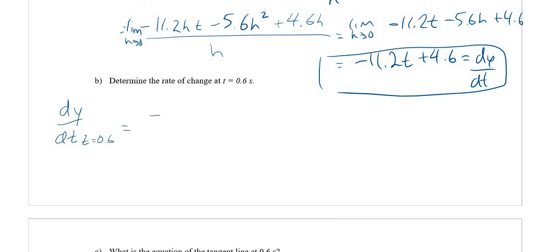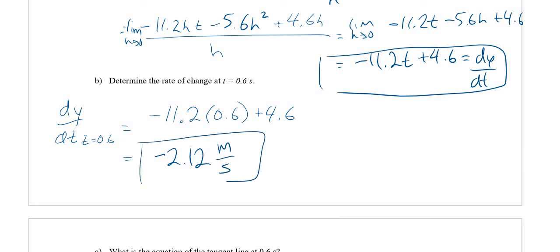That's going to be negative 11.2 times 0.6 plus 4.6. So we multiply that out, and that's going to be negative 2.12 meters per second.